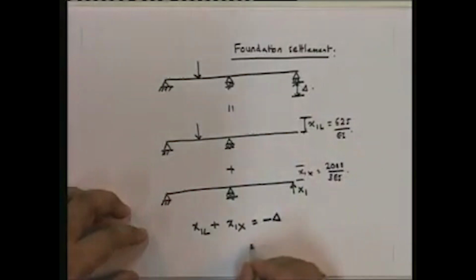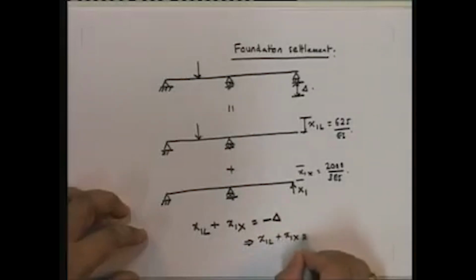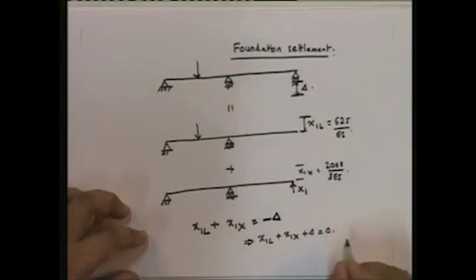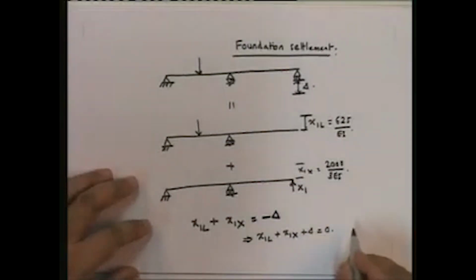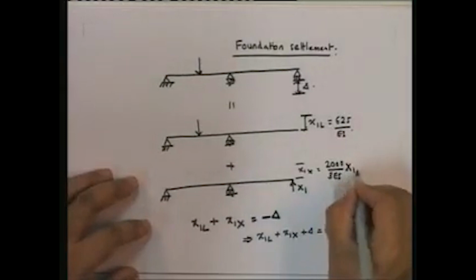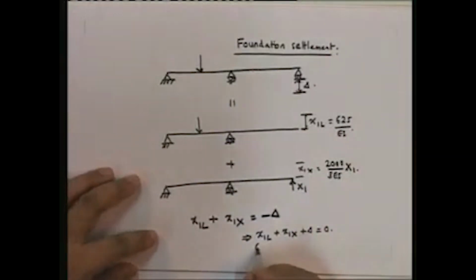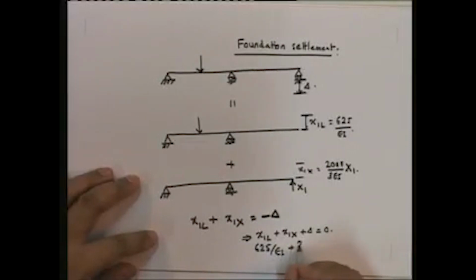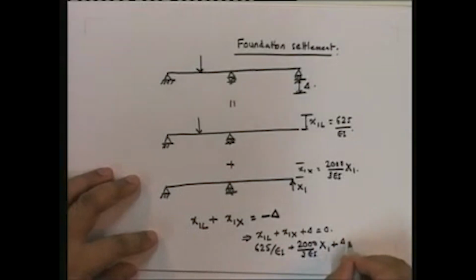All that does is x1L plus x1S plus delta is equal to 0. So this is going to be 625 upon EI plus 2000 upon 3 EI into x1 plus delta is equal to 0.